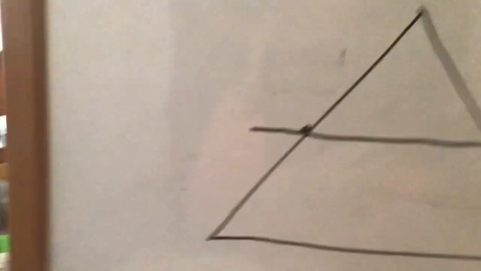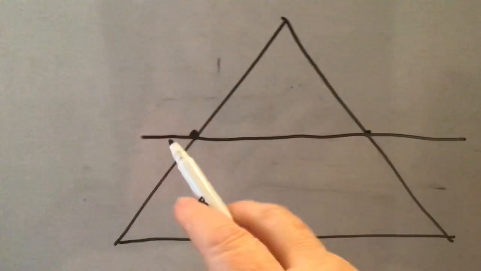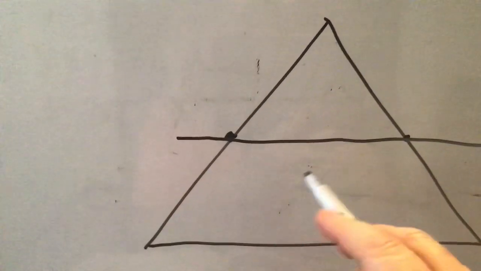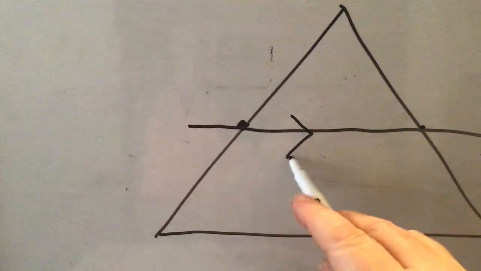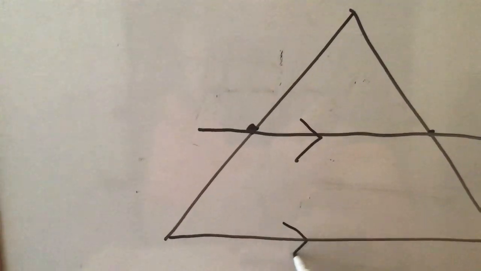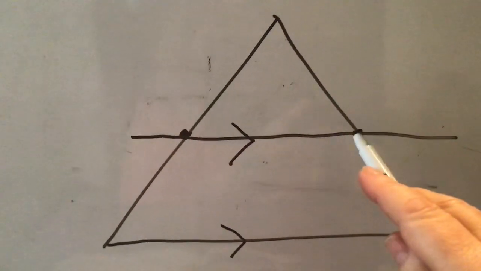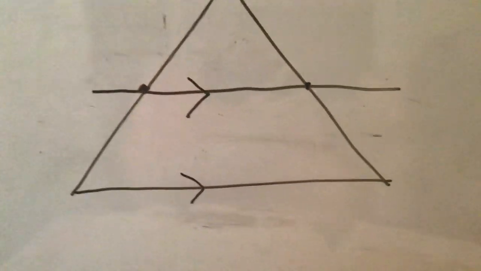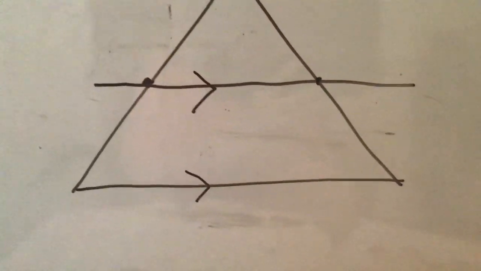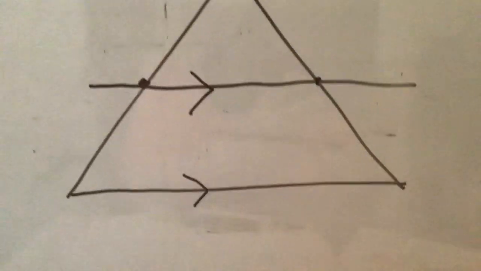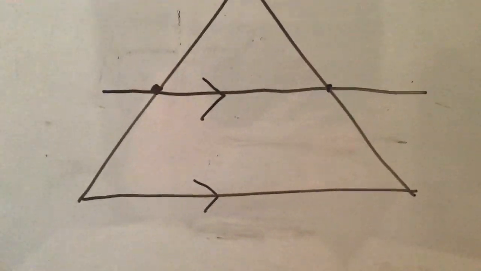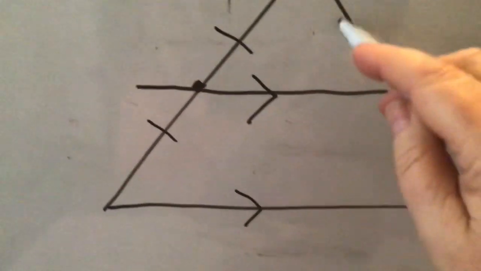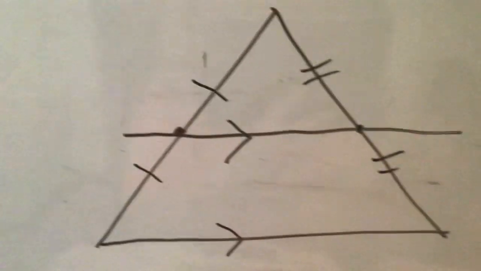If I know on this triangle that this is the midpoint of this side here, and I know that this is parallel to this, then I also know that this is the midpoint right here. So if you know the two lines are parallel and it's hitting the midpoint on one side, then it's going to hit the midpoint on the other side. By midpoint, that means that this side equals this, and this equals this.